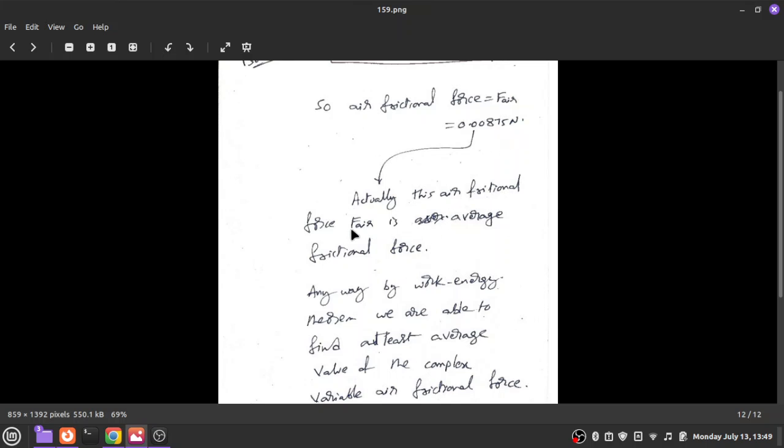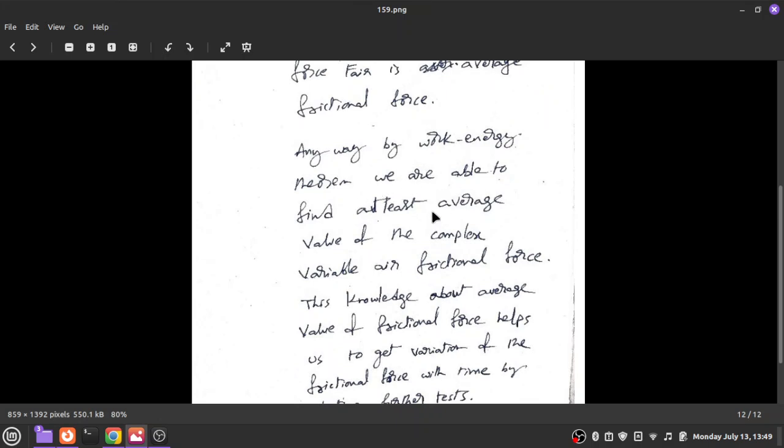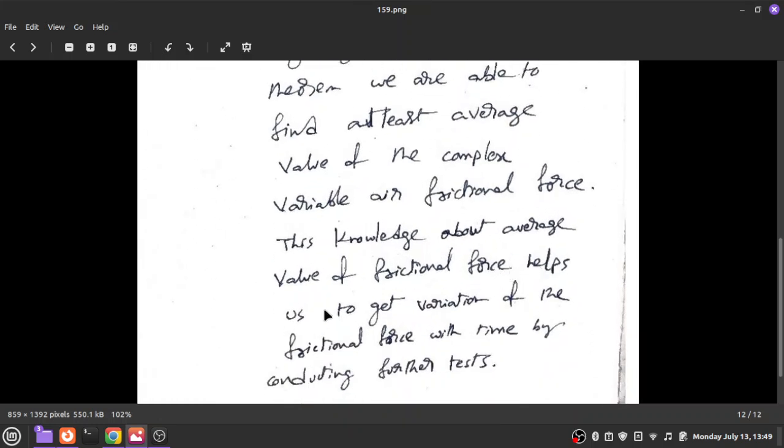Actually, this air frictional force F air is the average frictional force. It is not the exact value. It is only the average frictional force. Anyway, by the work energy theorem, we are able to find at least the average value of the complex, variable air frictional force. This knowledge about the average value helps us to get the variation of frictional force with time by conducting further tests.